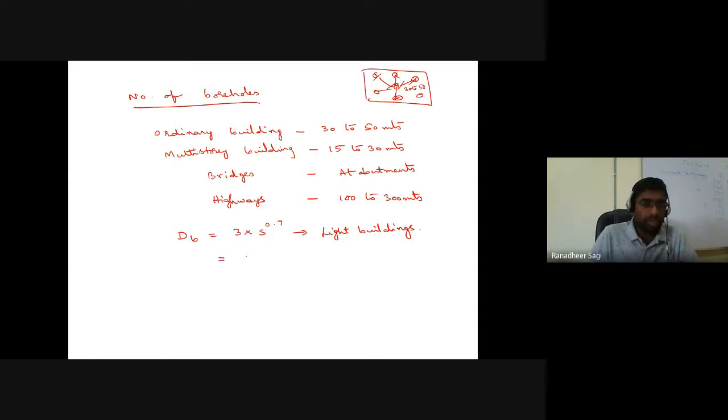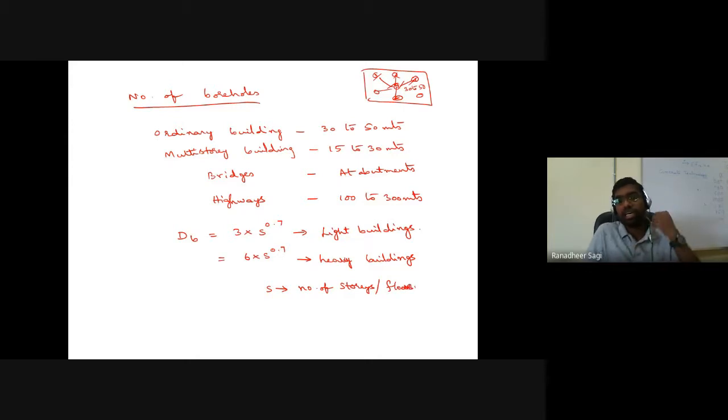And this depth of the borehole is in fact given as 6 into S to the power of 0.7 in the case of heavy buildings, in the sense that the load coming from these buildings is relatively high, in the case of high-rise buildings, towers, and so on. In these expressions, S refers to the number of stories or floors.